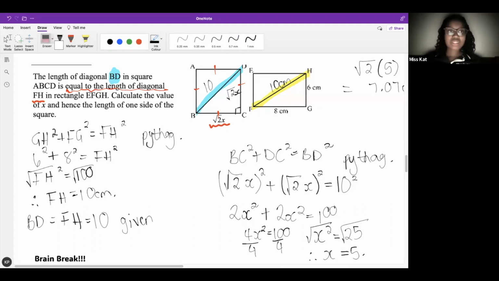If they didn't say this is a square and they didn't say this is a rectangle, would we be able to do Pythagoras? No, because only squares and rectangles have 90-degree angles. So you need to ask yourself, if you get such a question in a test, what do I know about the shape and how can these properties help me solve this question? And you guys have actually done the whole question. You knew how to do it. Let's just calm down in a test, tell yourself, look, I know my work, I know my properties, and just go for it.